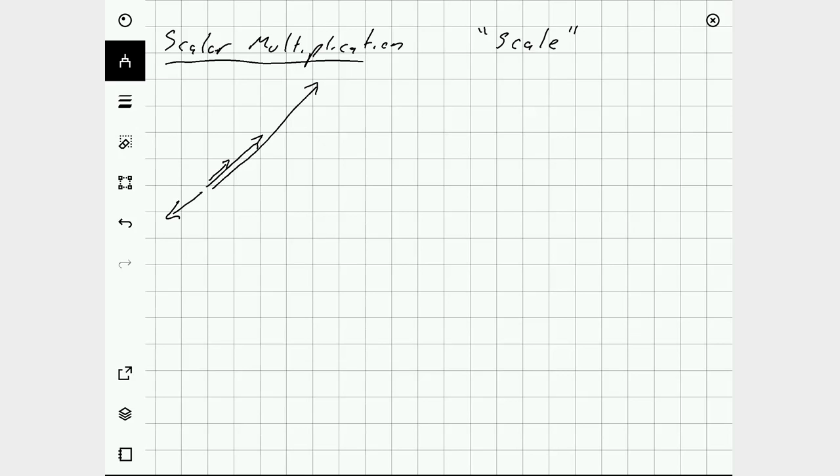And in order to make sure that the direction stays the same, we need to increase x and y in proportion with each other.